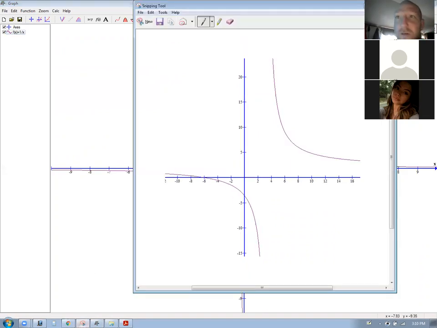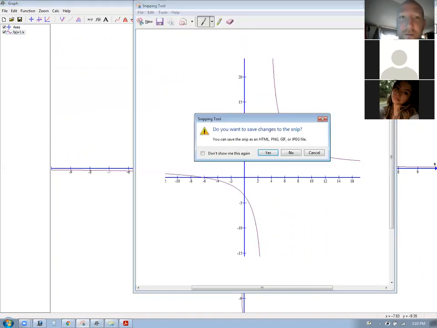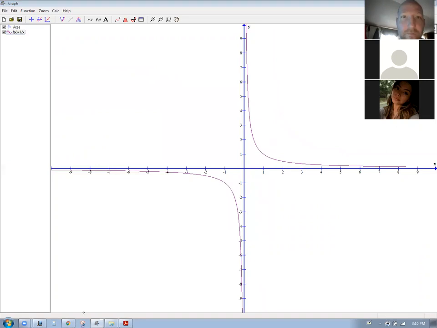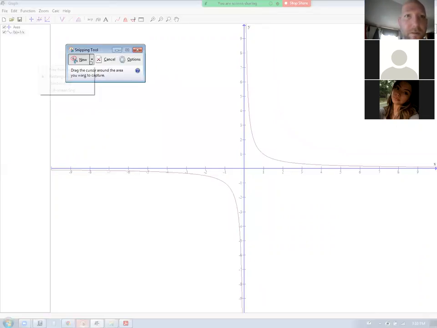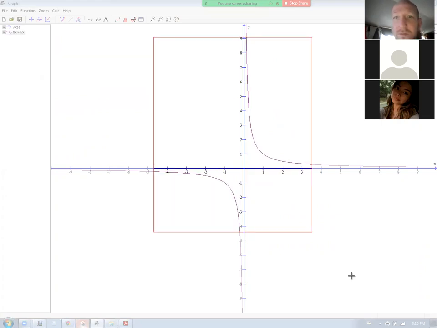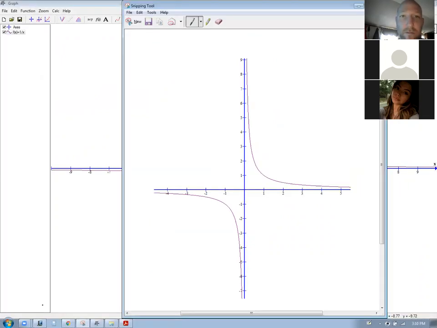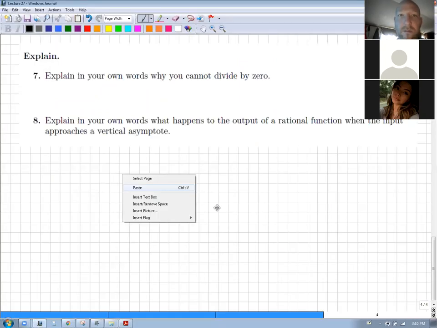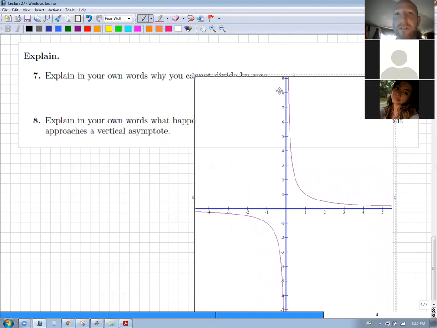Let's get a snapshot. All right, so we get both of these at the same time.